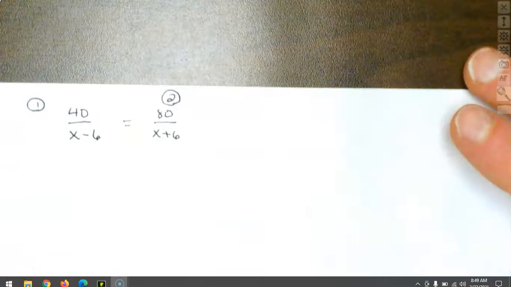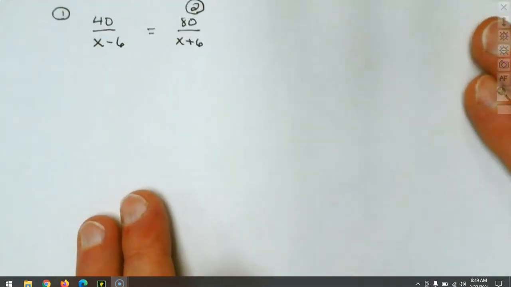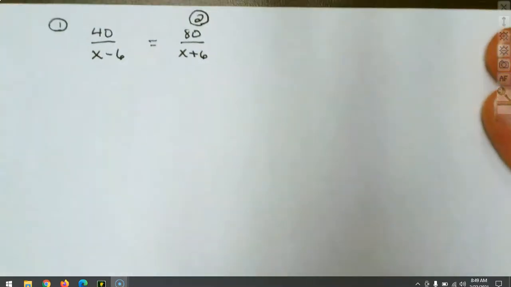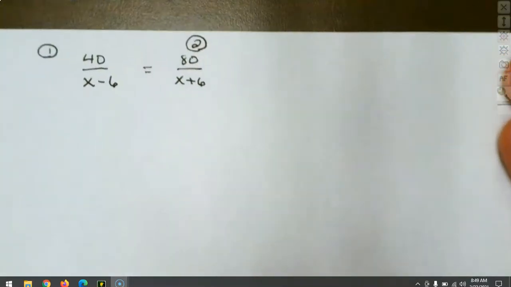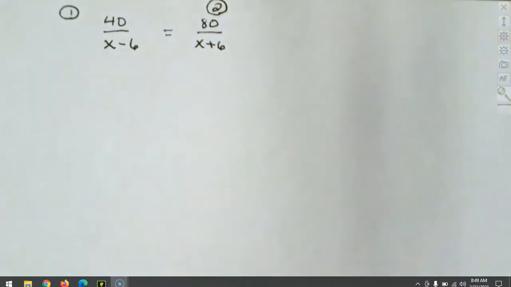Bring this in a little bit more so we can see it a little bit clearer here. So this is what we've got. Now, I am going to go ahead and finish this one out just so we know how to handle an equation like this in the future. So if I gave you this, it has fractions in it. How would we clear the fractions? Well, we can use cross multiplication.